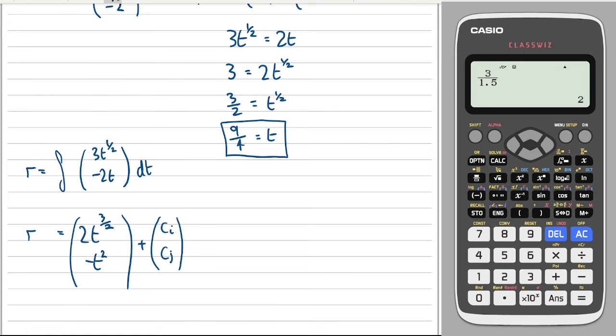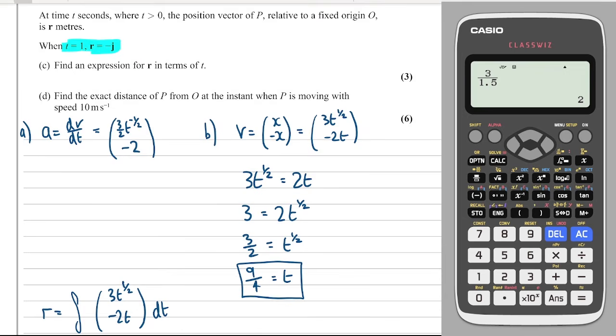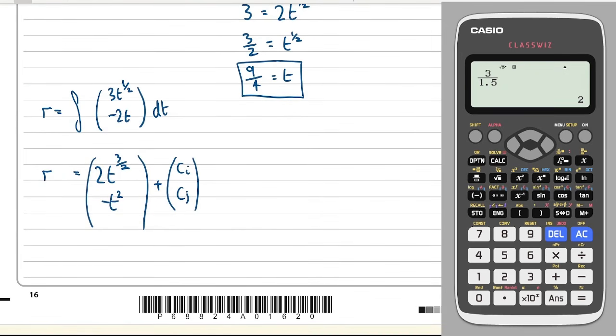And now I'm going to use my condition, and that's when t is 1, r is minus j. So when t equals 1, r is equal to minus j, so 0 minus 1, essentially. Subbing in, I get r is 0 minus 1.